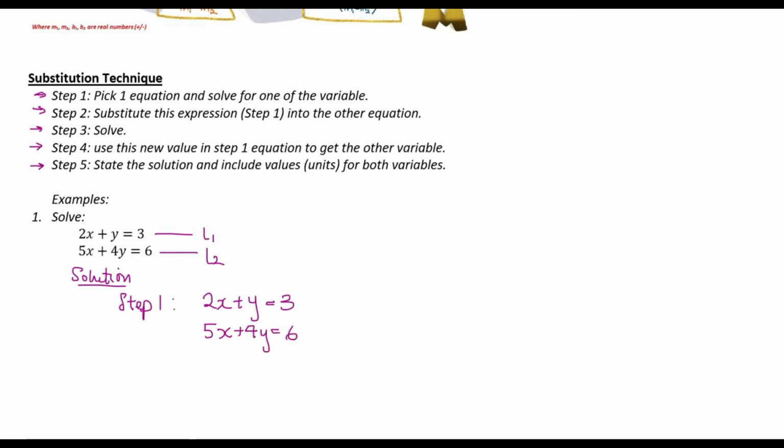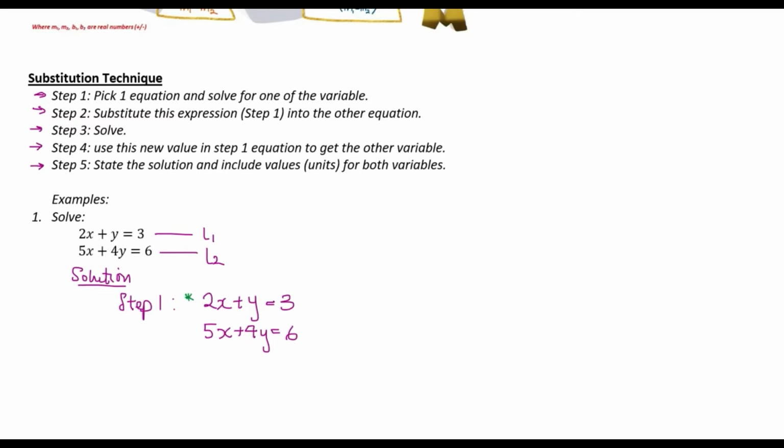So if we pick one of the two, one criterion I want you to follow is to look at one of the equations and ask which variable is the easiest to solve for. What we see here in step 1 is that in line 1, y doesn't have any coefficient, that is, it is 1, and it is a positive value.